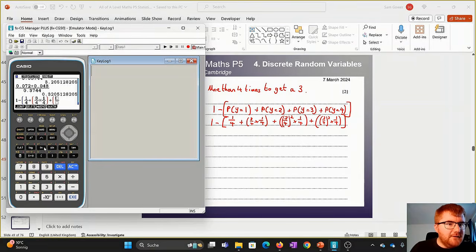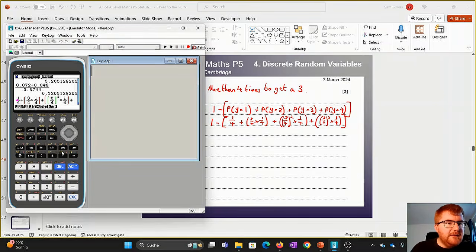Then let's pop in 2 lots of brackets here: 3/4 squared times 1/4. Just checking we get everything as we want here.